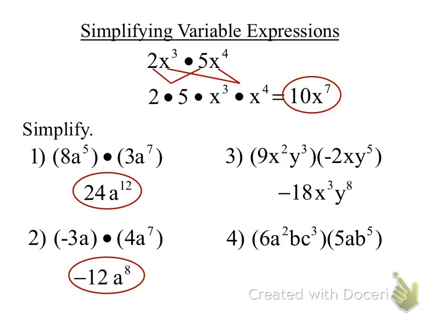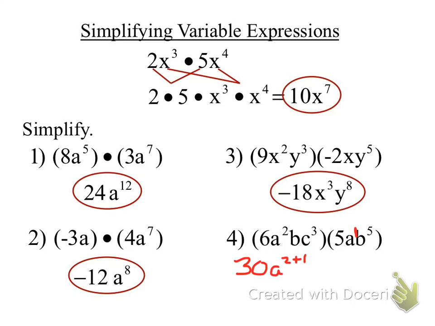Yes. Okay. So first I multiplied 6 and 5 and I got 30. Good. And then since a was 2 in one multiplication and a was 1 in the other, I'm doing a to the 2nd power plus the 1st power.